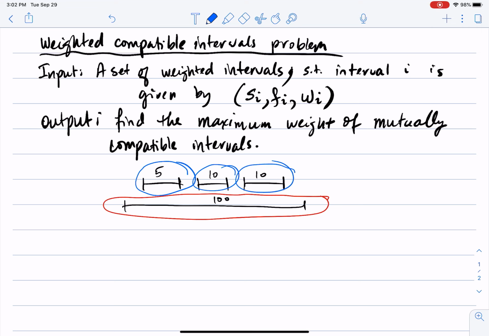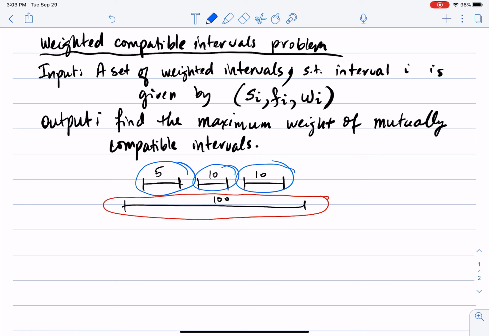But this is not the one I want here. So the greedy algorithm of taking by the finish time is not going to work, and of course the other ones, going with the start or the length of the interval, are not going to work either. So greedy is not going to work here, and this is a problem that is amenable to recursive reasoning and a dynamic programming implementation.